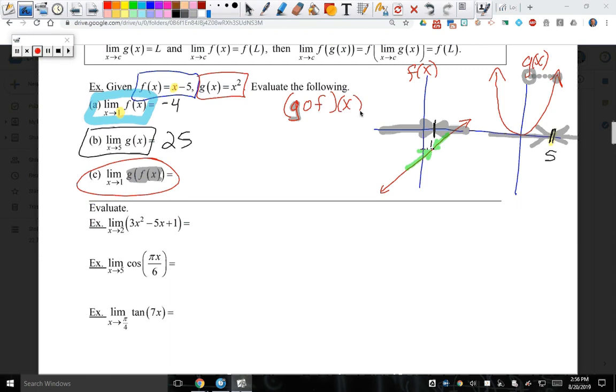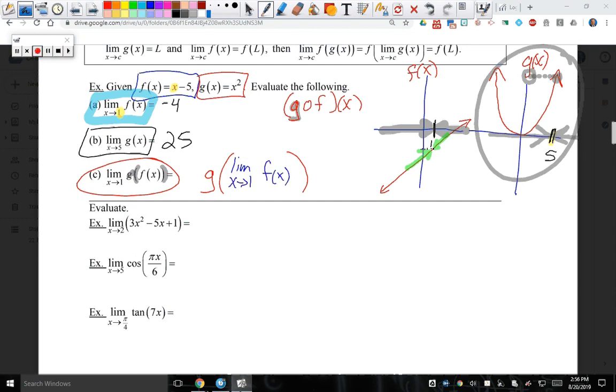So you got to ask yourself, is the most outer limit, which is g of x, is g of x what? Continuous. And you tell me, is it? Yes. So that means I could apply limit law number 7, and because g of x is continuous, I can pull the limit inside.